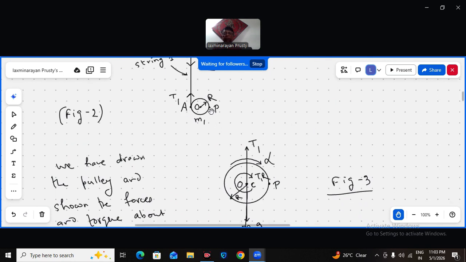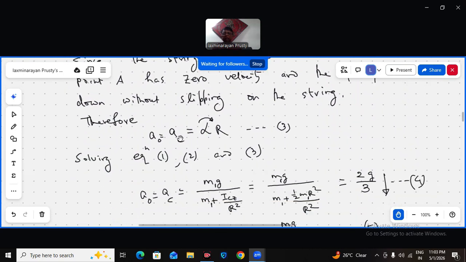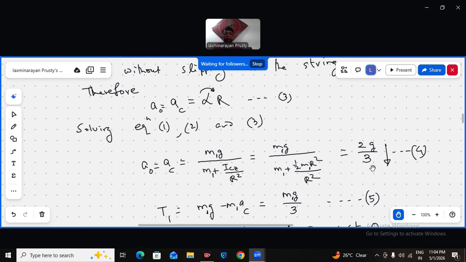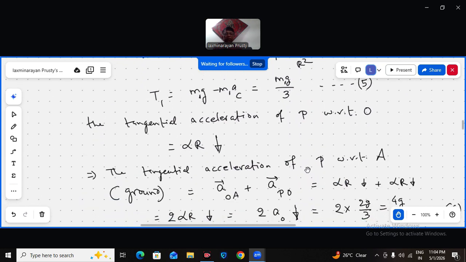That is P with respect to O and O with respect to A. Acceleration of O with respect to A is alpha, that is 2g by 3 downward, and tangential acceleration of P with respect to O is also alpha.